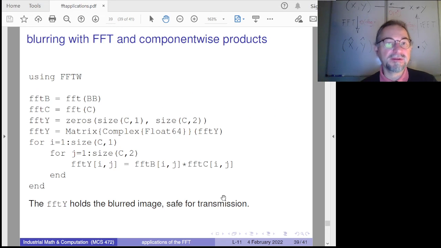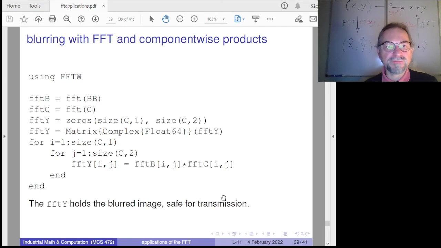And then I said we don't need to worry about the two-dimensional fast Fourier transform because it's the same command as the one-dimensional Fourier transform. So we do the fast Fourier transform of the blur matrix, or the BB, the extended matrix.